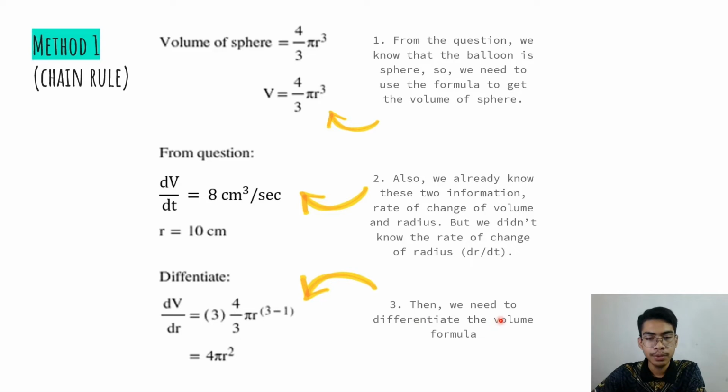Then we need to differentiate the volume formula. So dV over dr equals 3 times 4 over 3 pi r to the power of 3 minus 1.